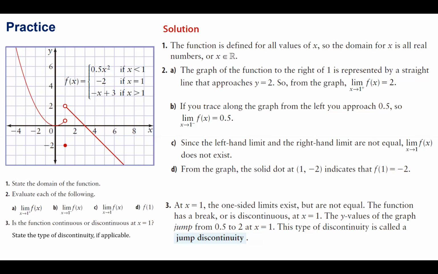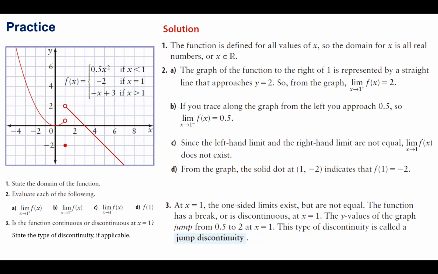If x is less than 1, then f(x) equals 0.5 times x squared. If x equals 1, then f(x) equals -2. And if x is greater than 1, f(x) equals negative x plus 3. That covers the whole number axis, right? So the domain for x is all real numbers, or x belongs to the real number set.